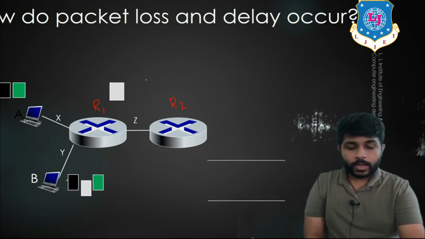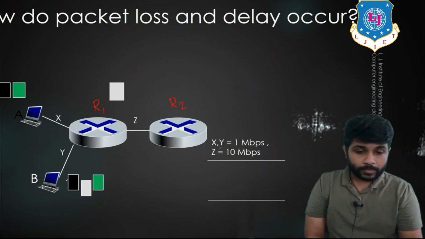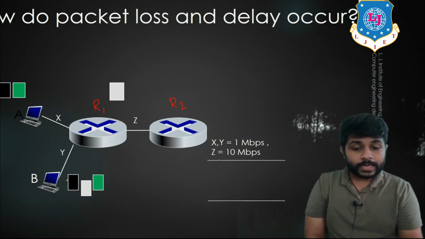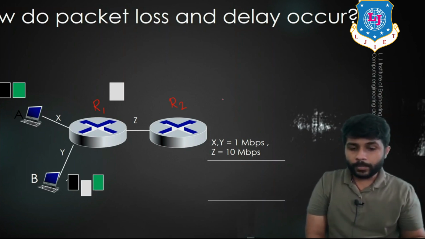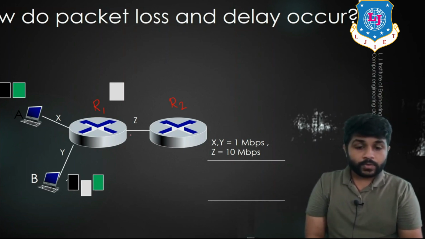Right, now let's consider the first case. In the first case, the data rate that links X and Y can carry is 1 Mbps, and the data rate that Z can carry is 10 Mbps. So if A is sending data to any other computer over the internet, the link connecting A and R1 is 1 Mbps, and the link connecting R1 and R2 is 10 Mbps.